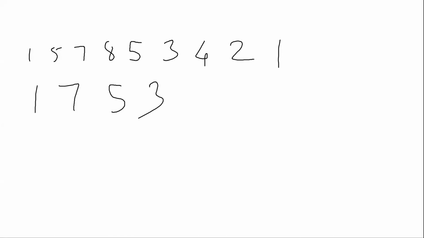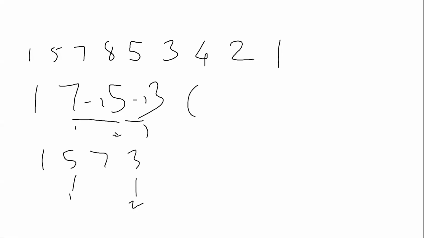It is 3, because 7, 5 is -2 and 5, 3 is -2. But if you have 1, 5, 7, 3, then this will be 5 and 3 only, so this will be 2. That is what I think, anyone can correct me if I'm wrong. For 1, 7, 5, 3 it will be 3, right? Yes, so this will be 3 for 1, 7, 5, 3, but here it will be 2.